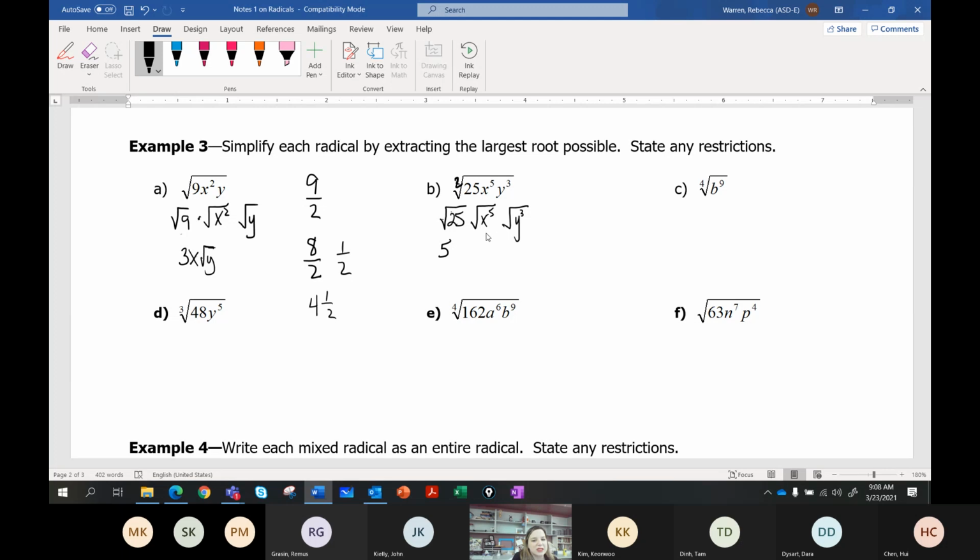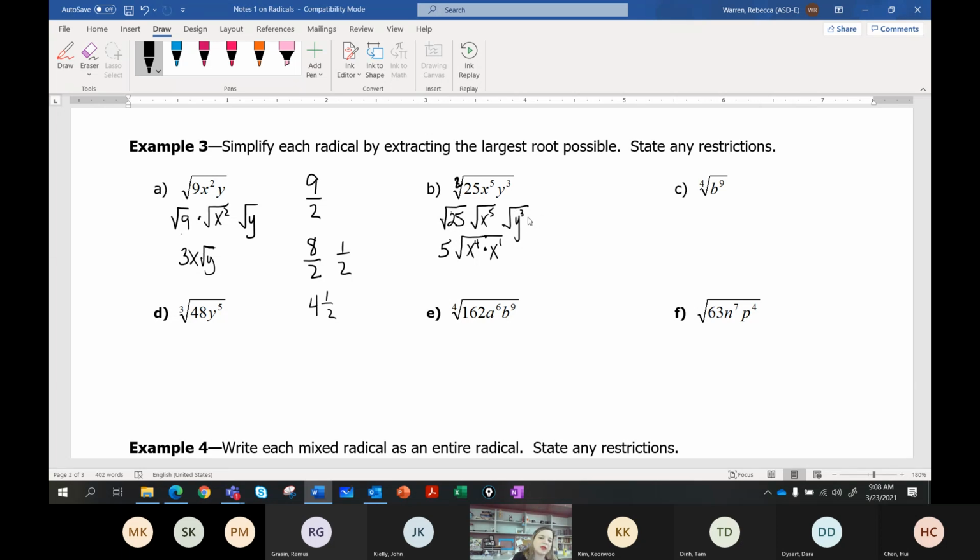The square root of x to the power of 5. What is the biggest number closest to 5 that is also divisible by 2? 4. So I want x to the power of 4. And what's my remainder to get from that 4 to 5? 1. So I'm going to write this as x to the power of 4 times x to the power of 1.